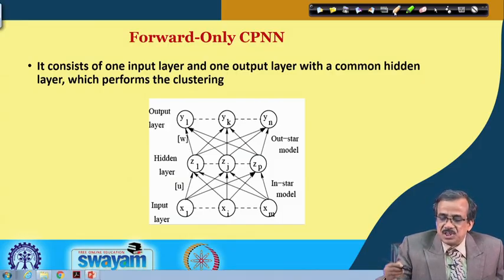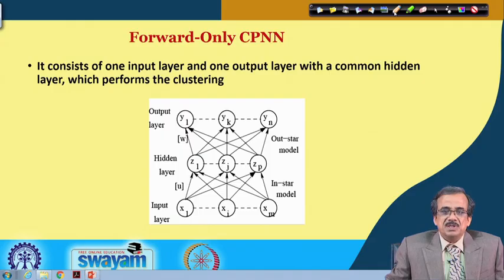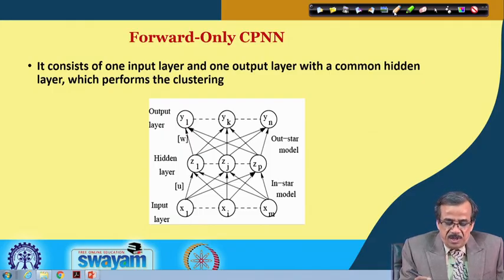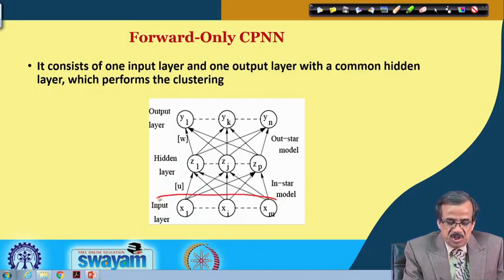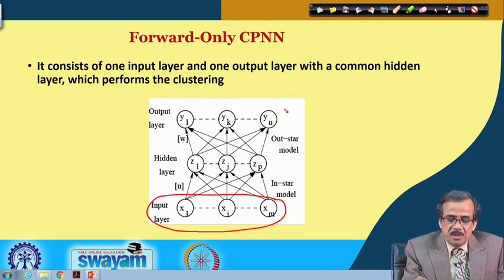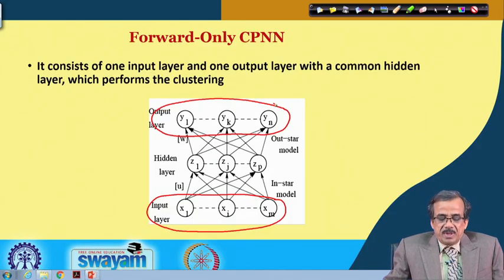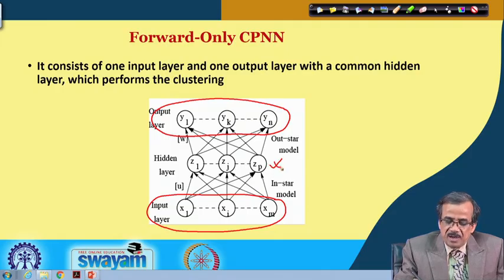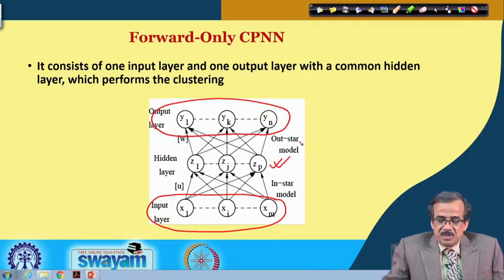If you see the construction of this forward only CPNN, it looks like this. We have one input layer consisting of small m number of neurons, x 1, x i up to x m, and we have small n number of neurons on the output layer, y 1, y k and y n, and this is the hidden layer having p number of neurons.